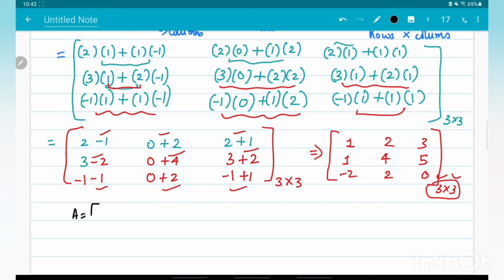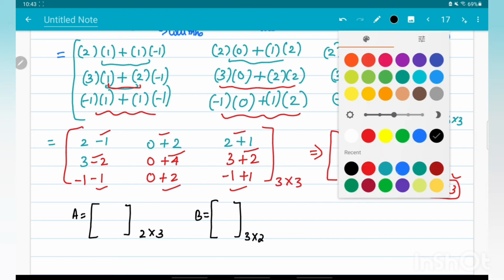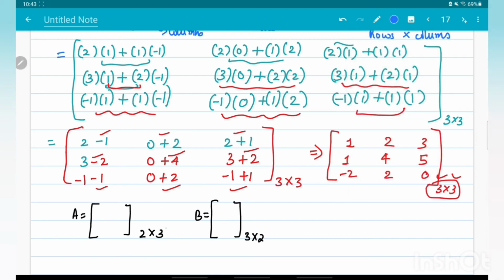Suppose I've got a matrix A which is of order 2 by 3, and there is a matrix B which is of order 3 by 2. Now if I ask you whether these two matrices can be multiplied, the first step is to check whether the columns of the first matrix are equal to the rows of the second matrix or not.